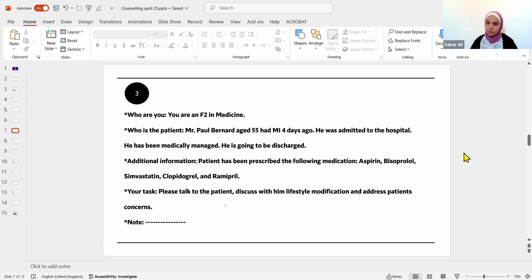Were you on any medications for this? Ramipril. Were you taking it as prescribed? Yes. Any other regular medications apart from this? No. Any allergies? No. Do you have any family history of heart problems? Not that I'm aware of.